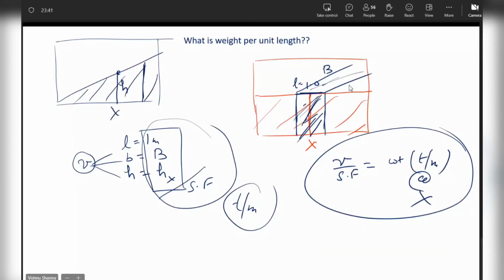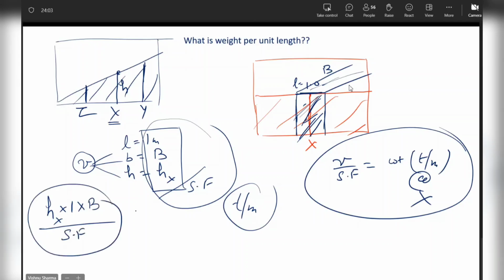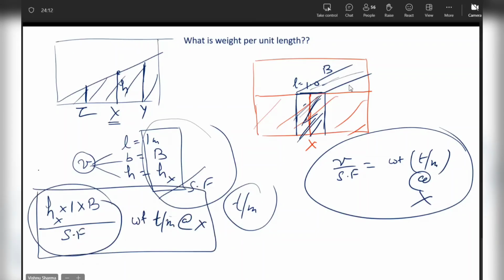At Y, this may be the height of the cargo. At Z, this may be the height of the cargo. So if I have to get the weight of cargo per unit length at X, it will be the height at X multiplied by 1 meter length multiplied by the breadth. This will be the volume of the cargo, divided by the stowage factor, which will give me the weight in tons per meter at X. Understood, beta? Exactly the same way.